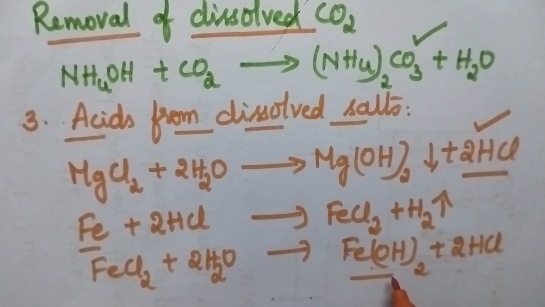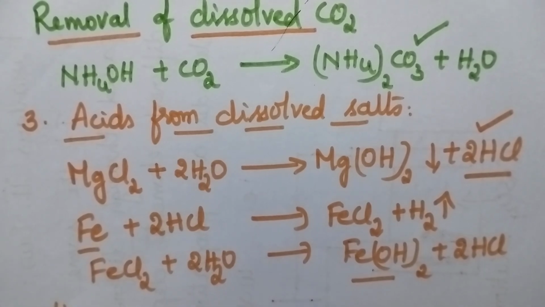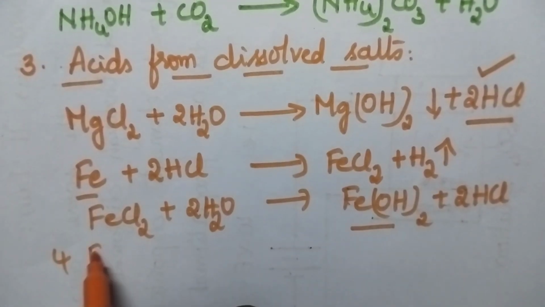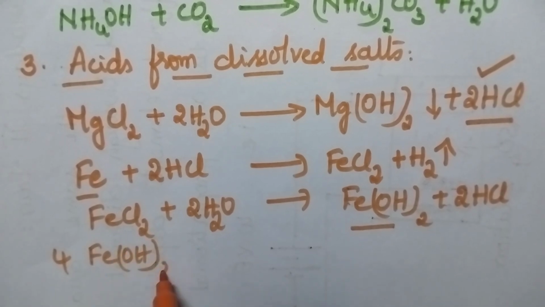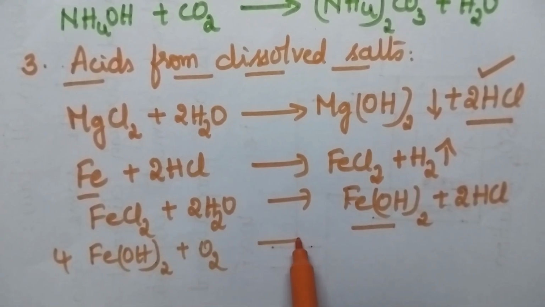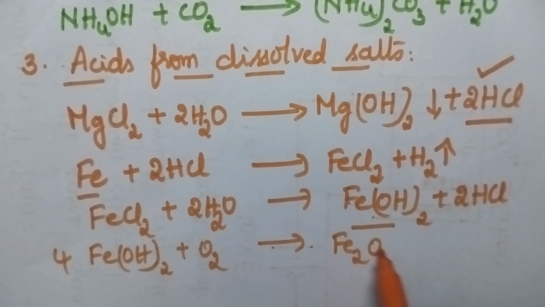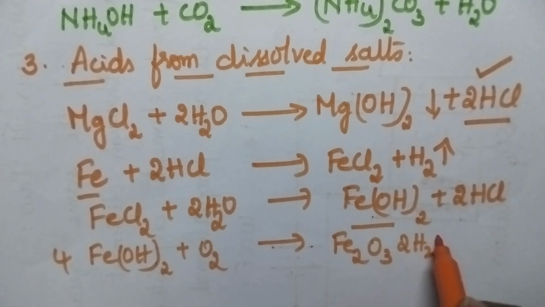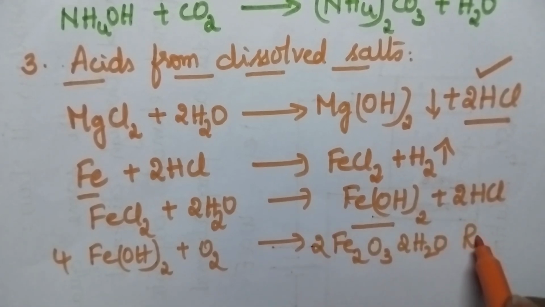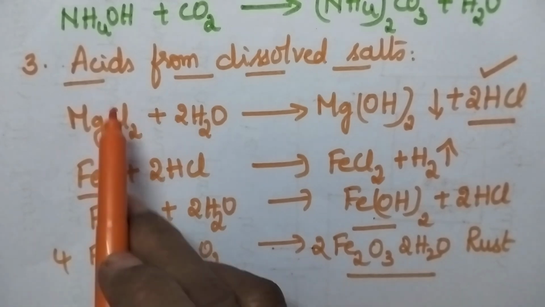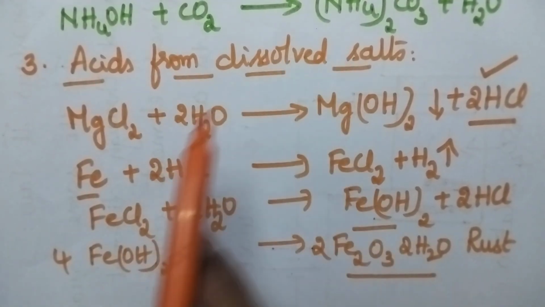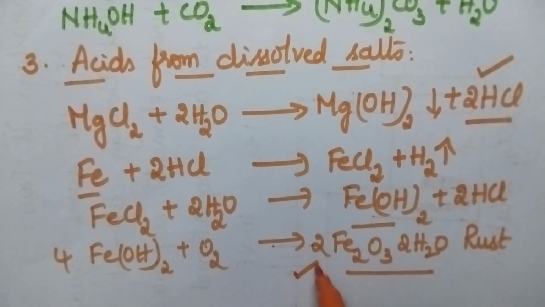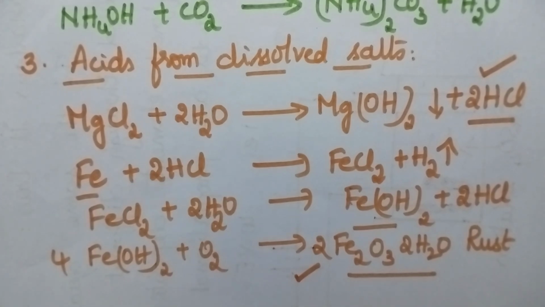Once ferrous hydroxide is formed, it readily reacts with the oxygen present in the boiler water and results in the formation of rust. In that way, the formation of acids from dissolved salts is responsible for the rusting of boiler material, and that is nothing but boiler corrosion. So these are the three major factors responsible for boiler corrosion.